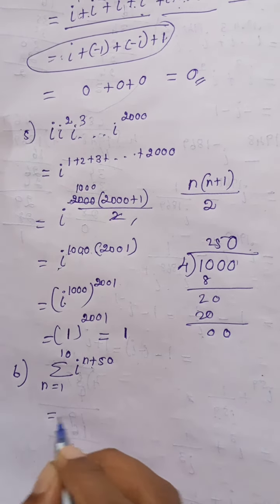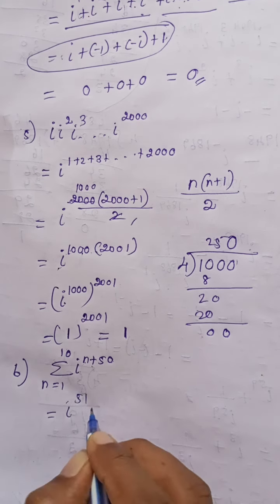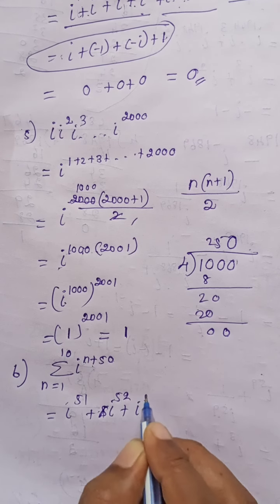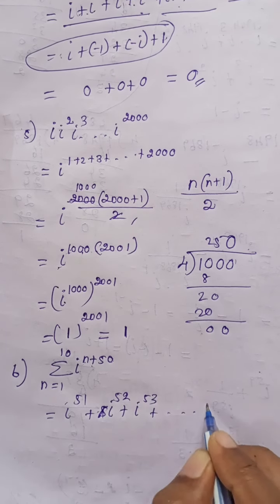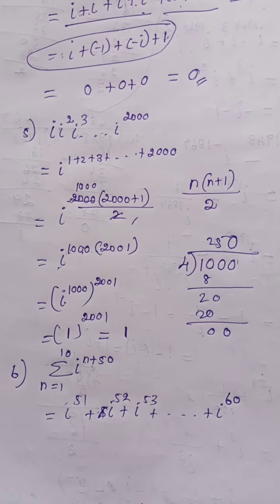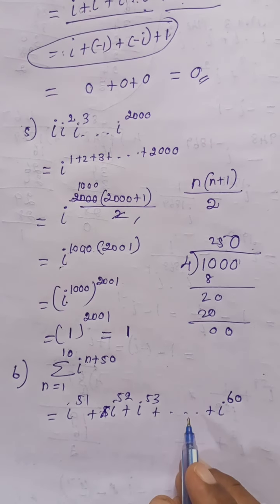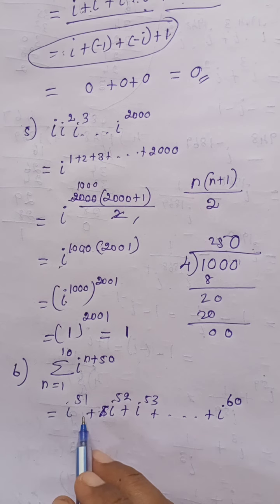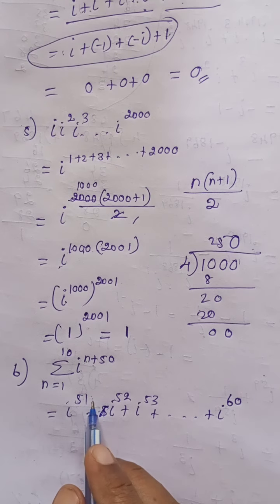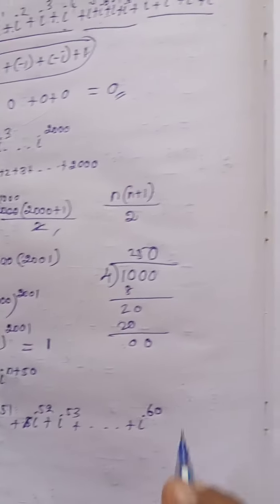Is it not? I power 51 plus I power 52 plus I power 53 plus, etc., plus I power 60. Only 10 terms. So first we have to check whether 50 is divisible by 4. No. Isn't it? Shall we check it?